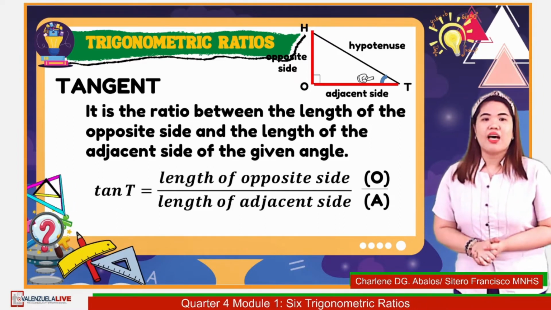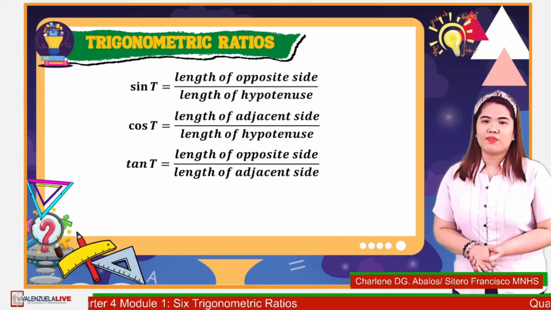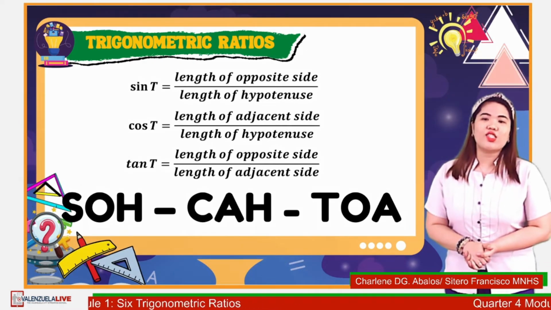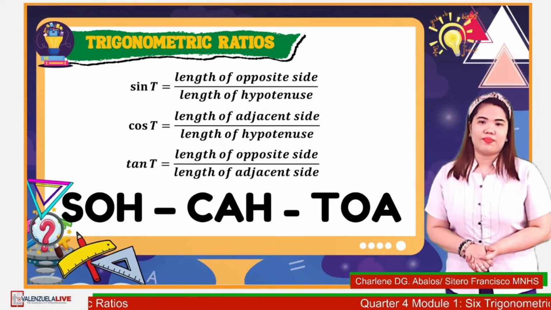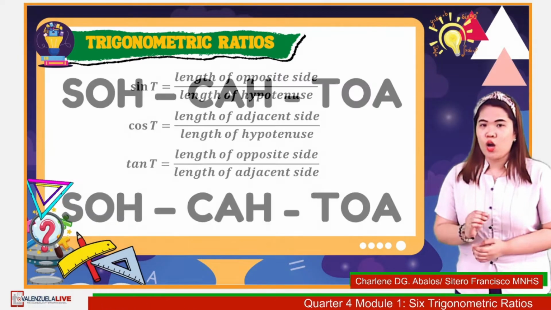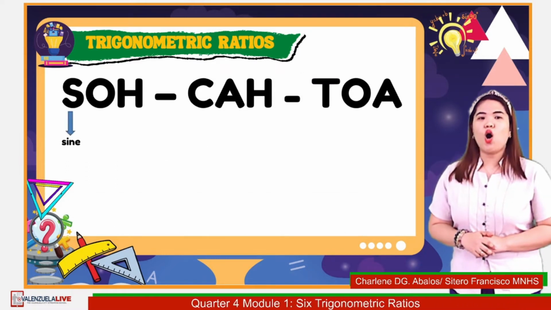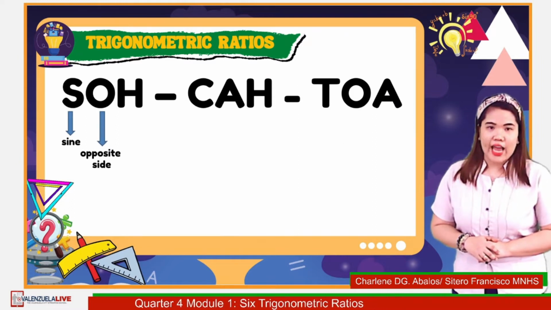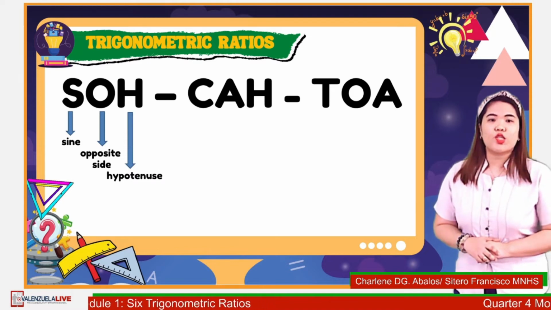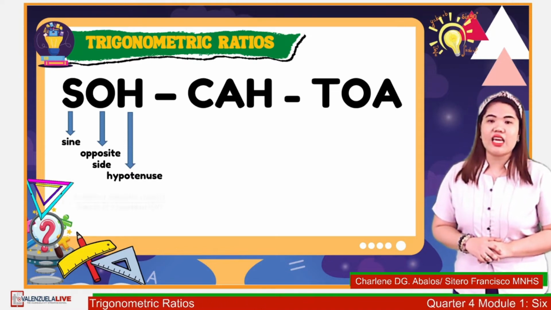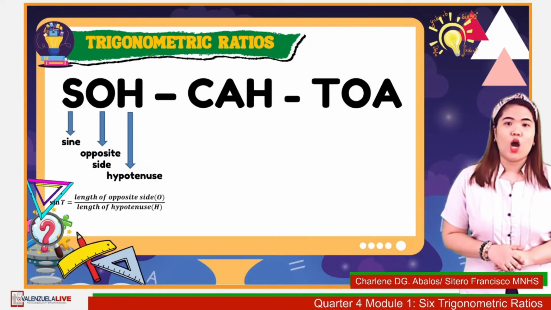With this concept, the mnemonic SOHCAHTOA is used for us to easily remember the trigonometric ratios. From SOH, S stands for sine, O stands for opposite side, and H stands for hypotenuse. So sine theta is equal to opposite side over the hypotenuse.